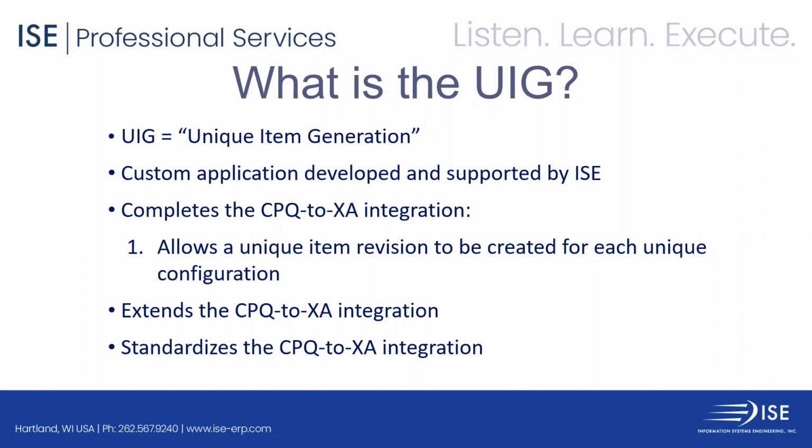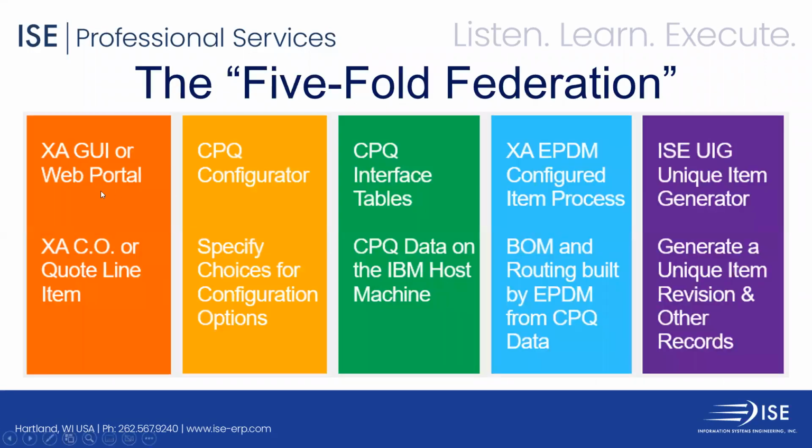It extends the vanilla CPQ to XA integration, and I like to say it standardizes it, because it brings it into sync with some of the other ways that CPQ integrates with other ERP packages. So you end up with a unique item number if you want it to. This is my little acronym here, I'm trying to be cute: 5-fold federation.